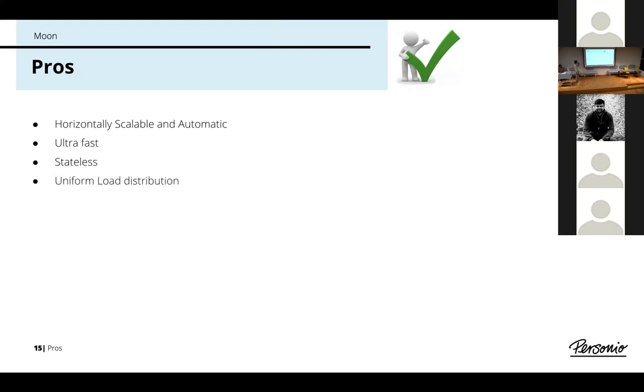And it has uniform load distribution, obviously, because it's using Kubernetes API to bring up the browser, and Kubernetes will take care of deciding the right node to spin up the browser. And we are also able to scale down the resources if not used, which means when you trigger a request to start a test, Moon will create a browser using Kubernetes API in a node.